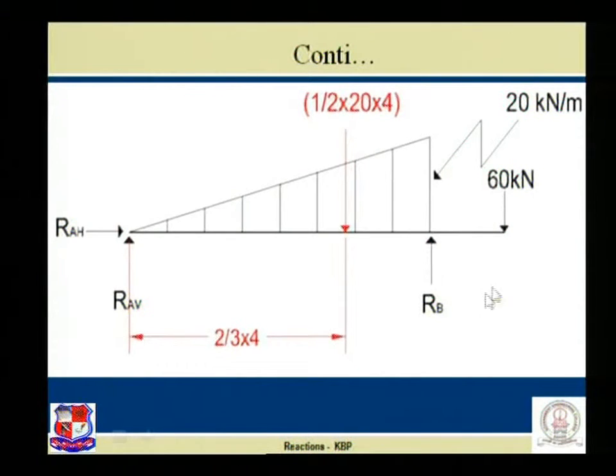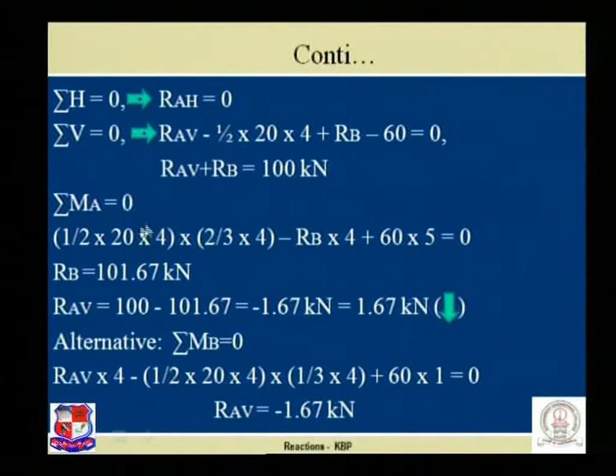So 60 into 5 with the plus sign, and there is no other load, hence it is equal to 0. So we obtain this equation: half into 20 into 4 into 2/3 into 4 minus RB into 4 plus 60 into 5 is equal to 0. By solving this equation we find RB as 101.67 kilonewton.